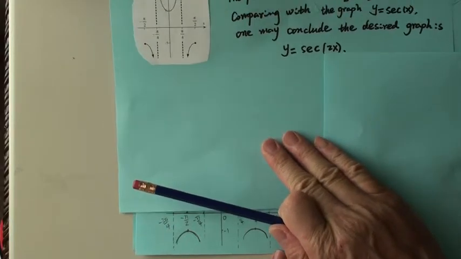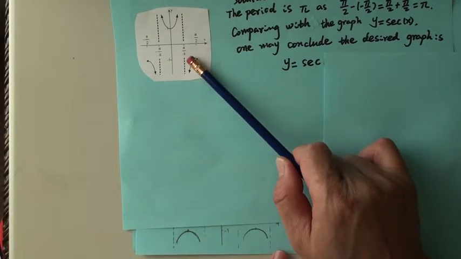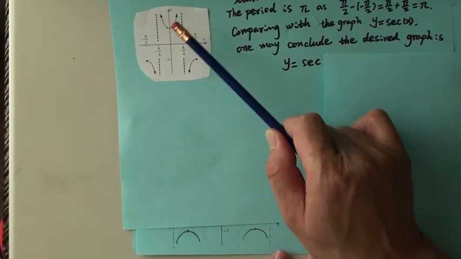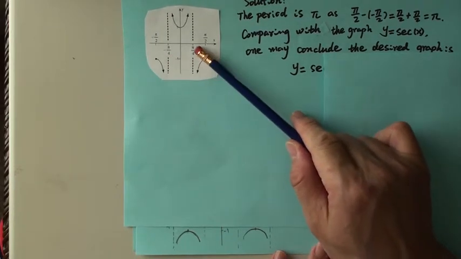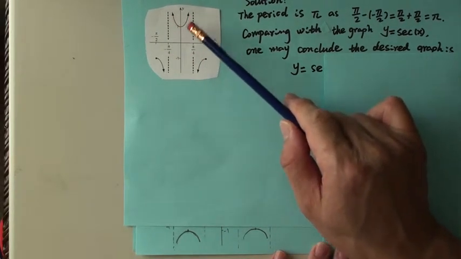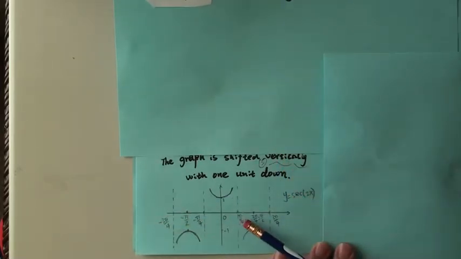Negative pi over 4, positive pi over 4, we have that.